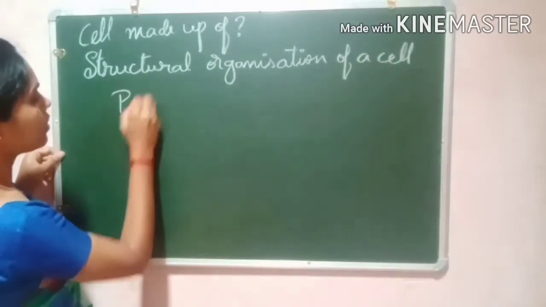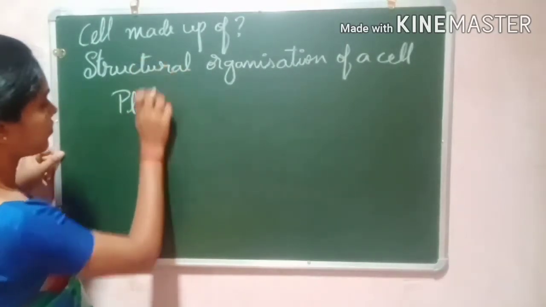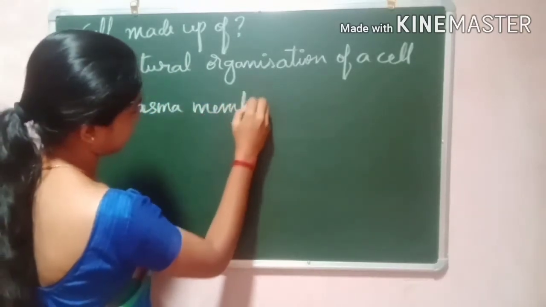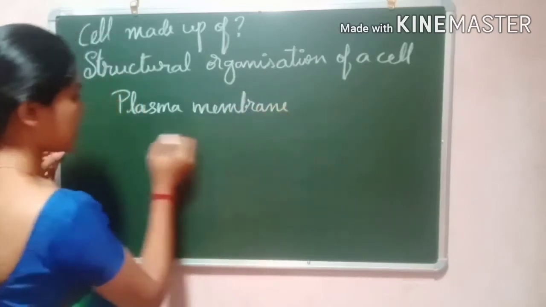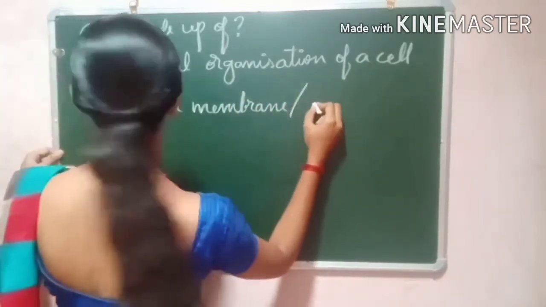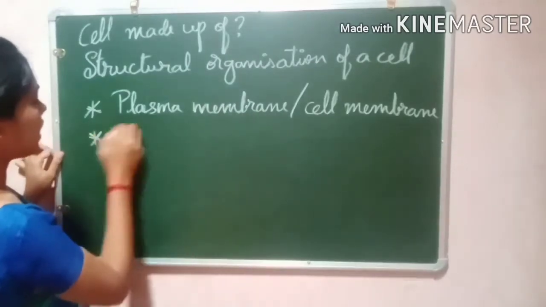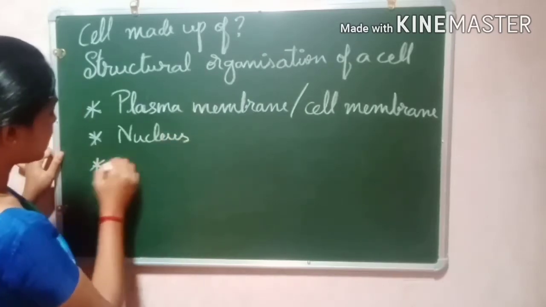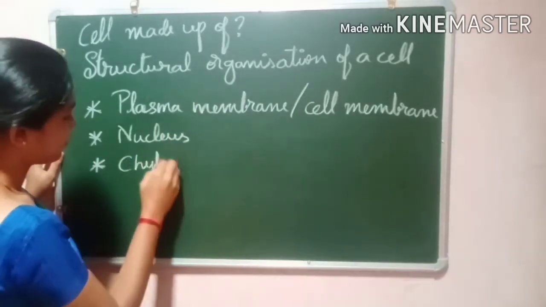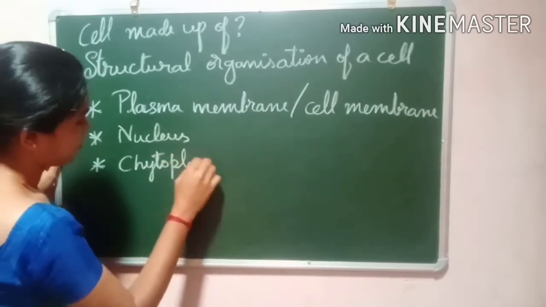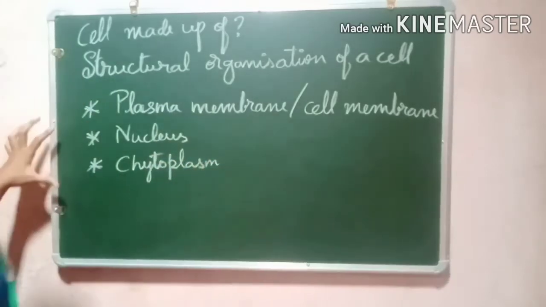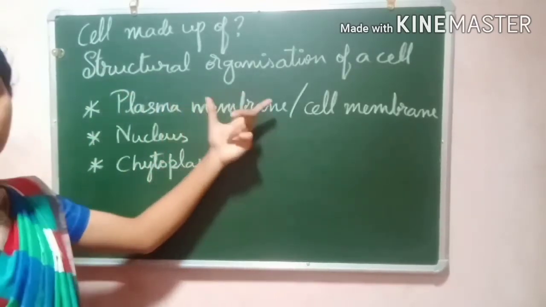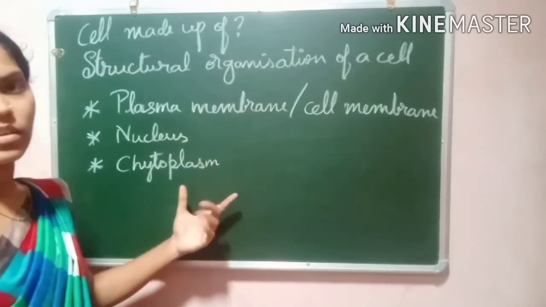The cell membrane or the plasma membrane, then the nucleus, and the third one is the cytoplasm. You can observe these three things in the structure of the cell.